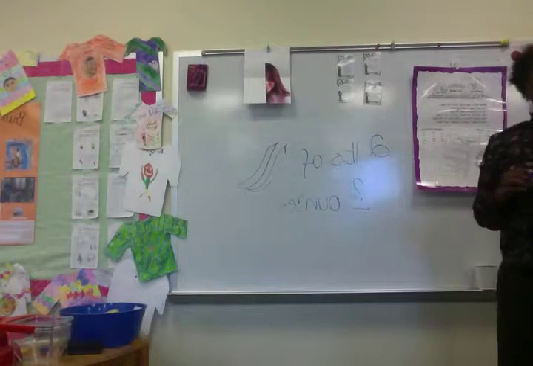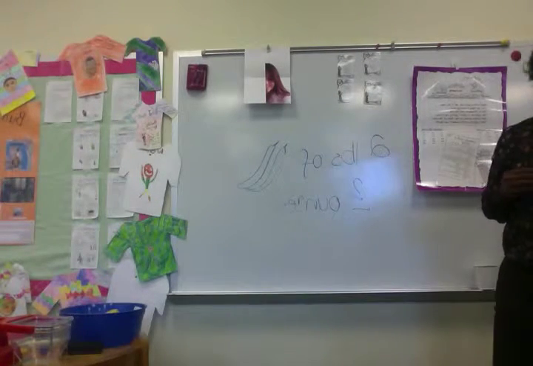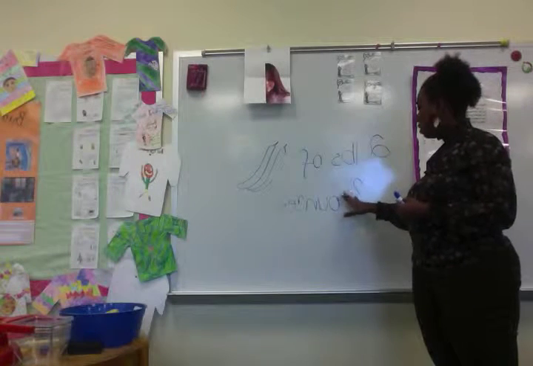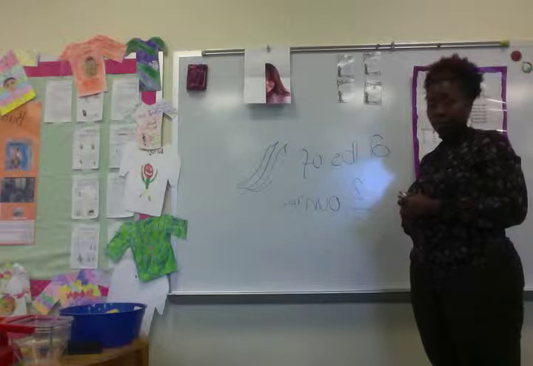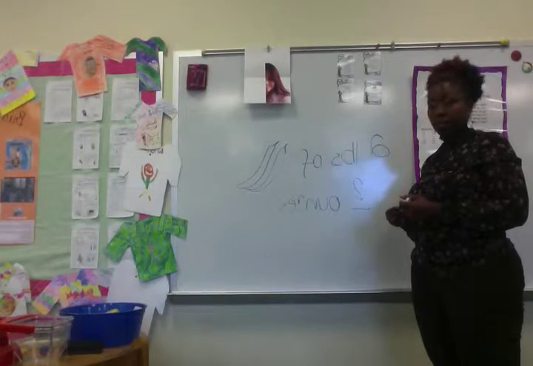Raise your hand if you know the answer. 32. Why do you say it's 32? 1 pound is 16 ounces, and if you multiply that by 2, it's 32.